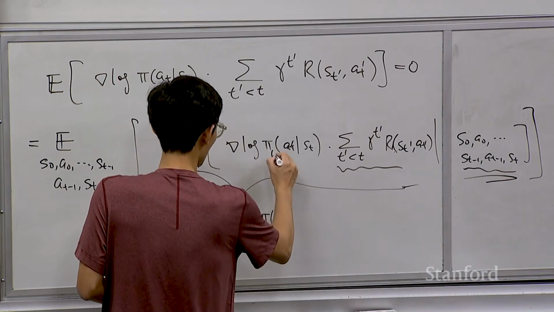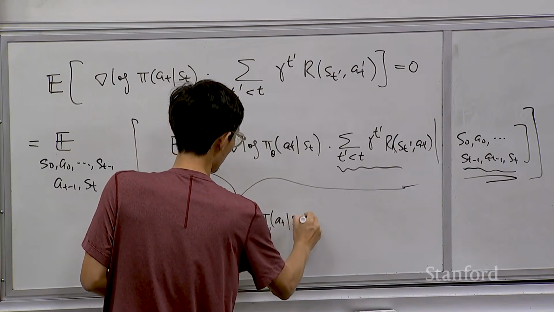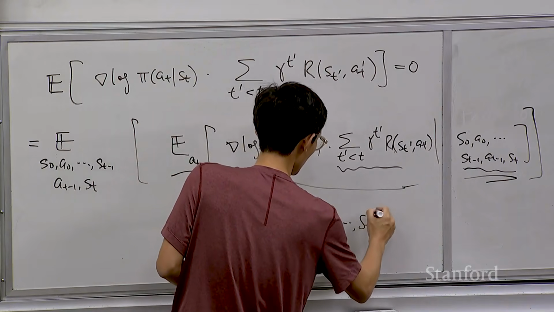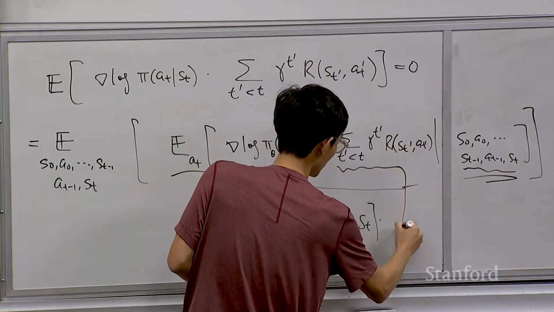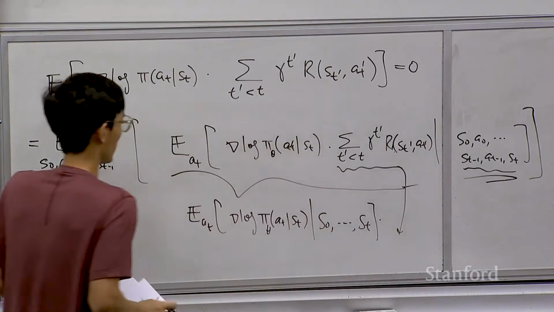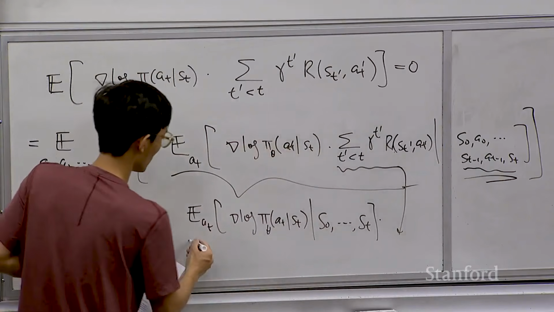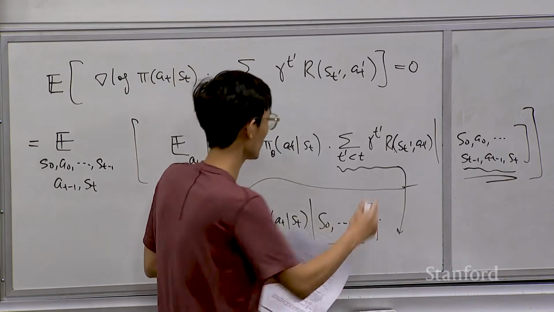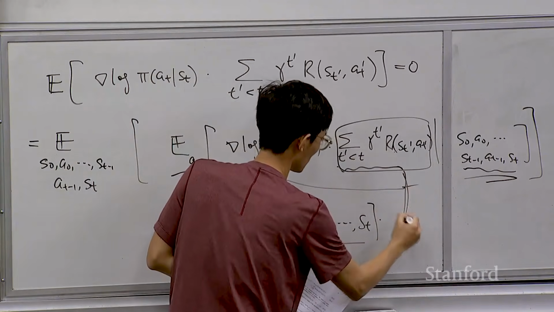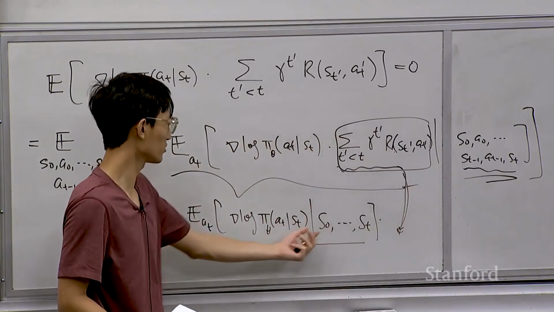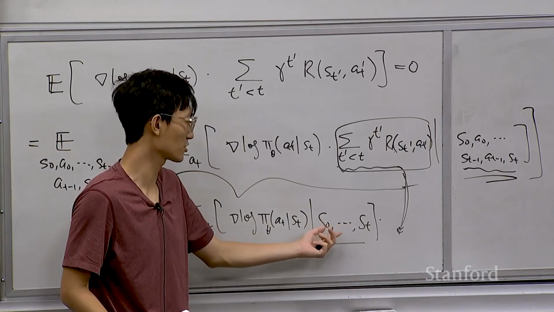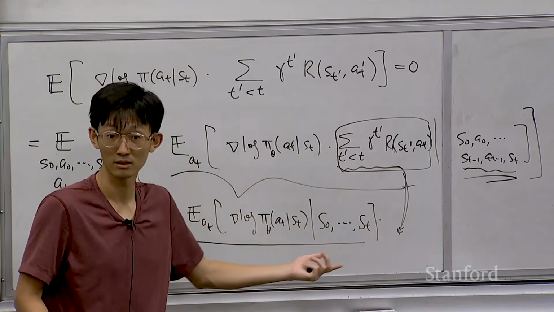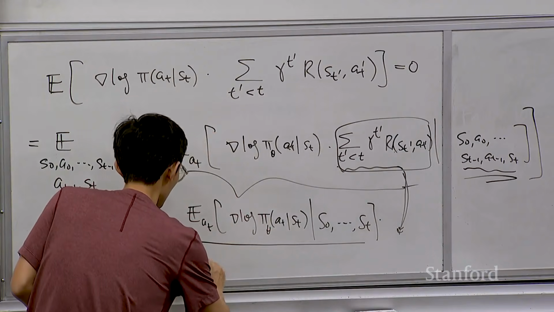Conditional on S0 up to St, times a constant here. And now, because of the Markov property, conditioning on S0 versus conditioning on the whole history is the same as conditioning on only St.